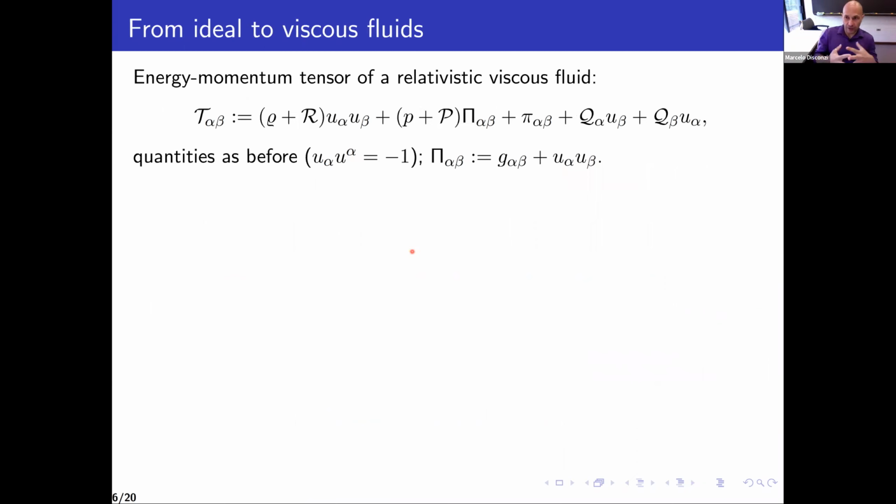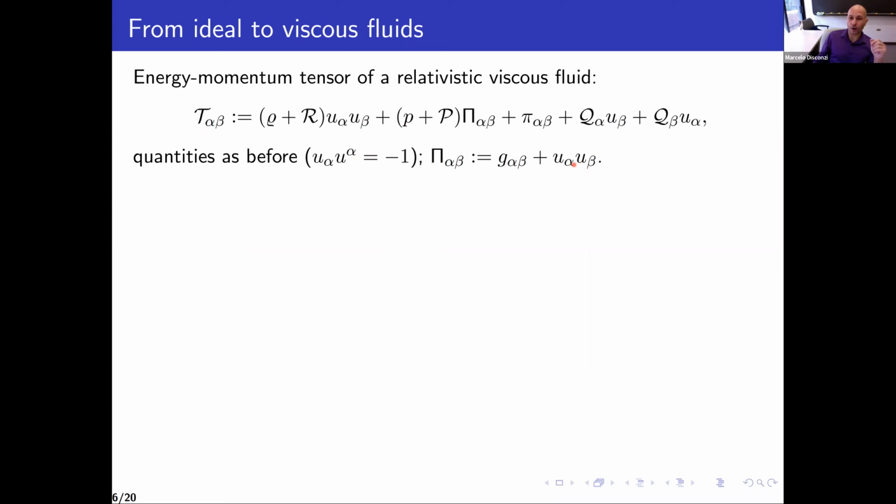So we have two important examples of situations where viscosity is important. Then the question is, how can we model viscous contributions in a relativistic fluid? The starting point usually is the energy-momentum tensor written here, where rho, u, and p are as before. Capital Pi is just an abbreviation for this quantity, which is the projection to the space orthogonal to the velocity.